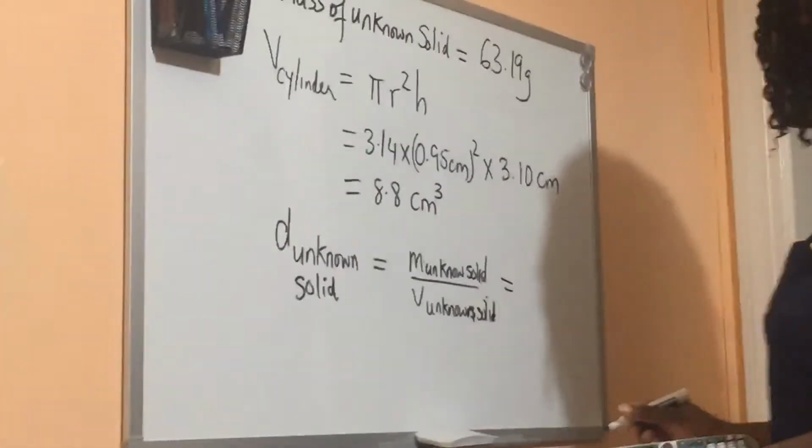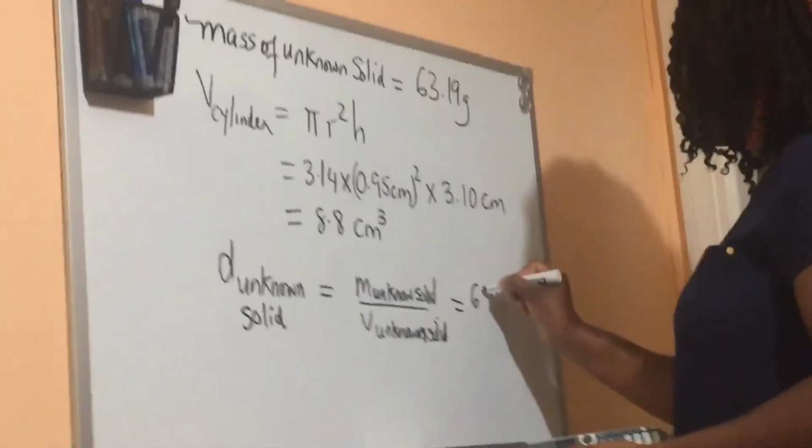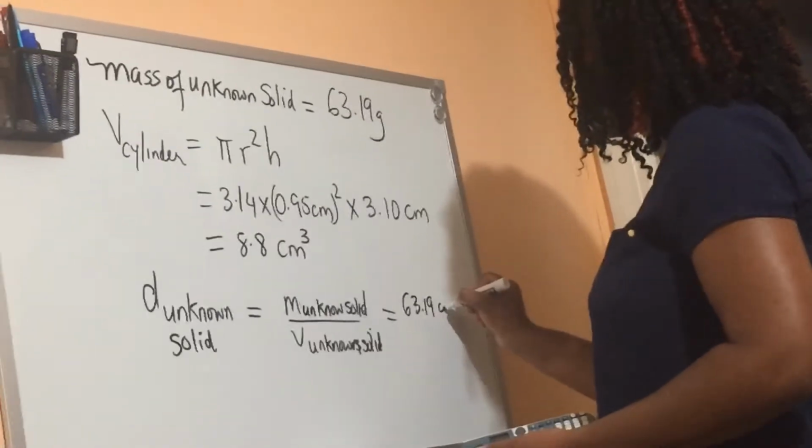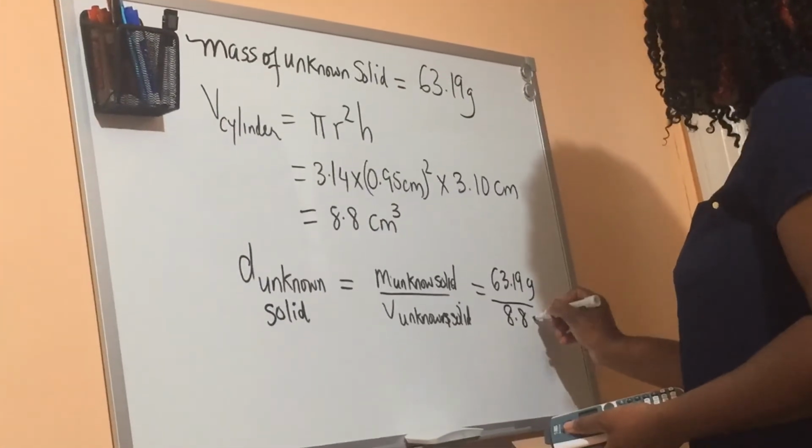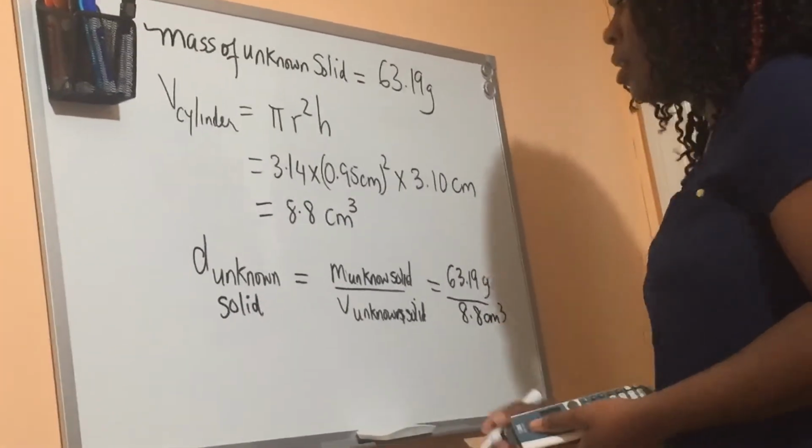And the mass of the unknown solid is 63.19 grams, and the volume is 8.8 cubic centimeter.